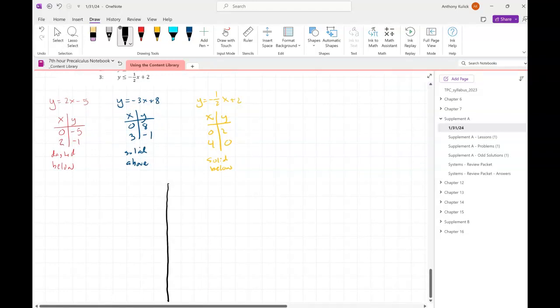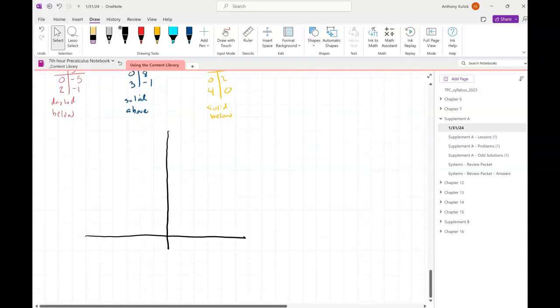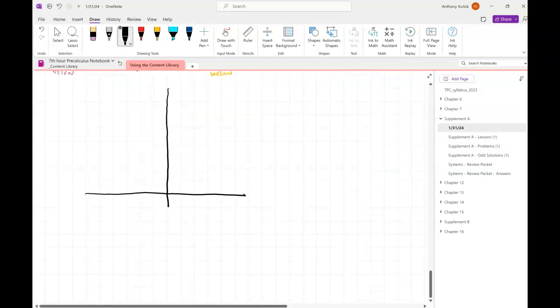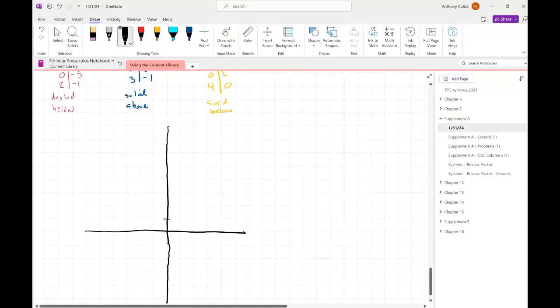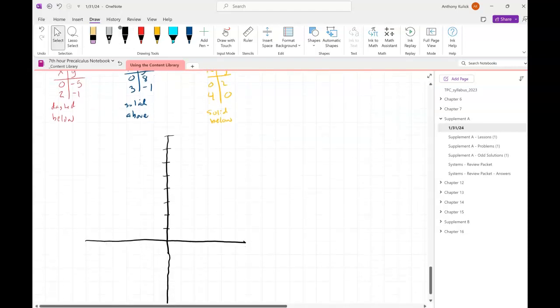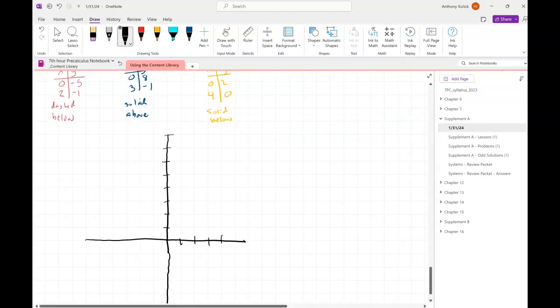Let's see, 1, 2, 3, 4, 5, 6, 7, 8. And then 2, 3, 4.